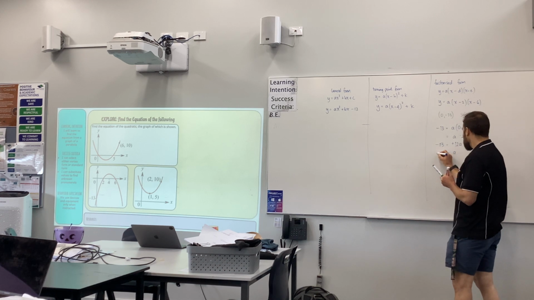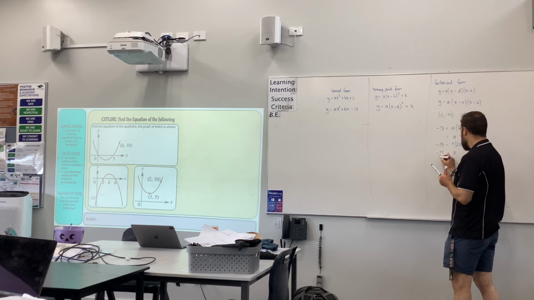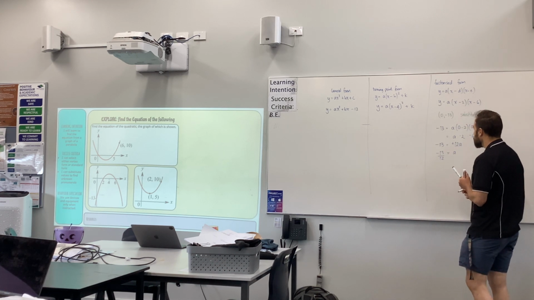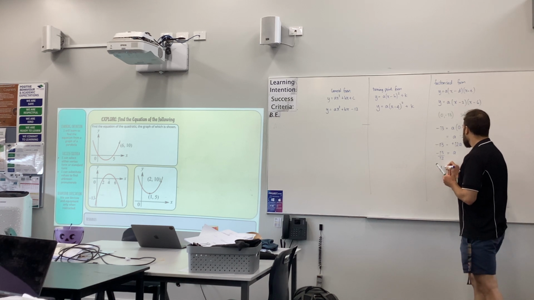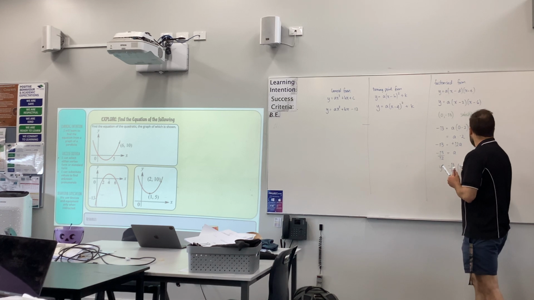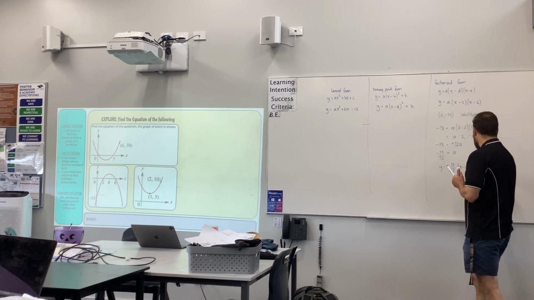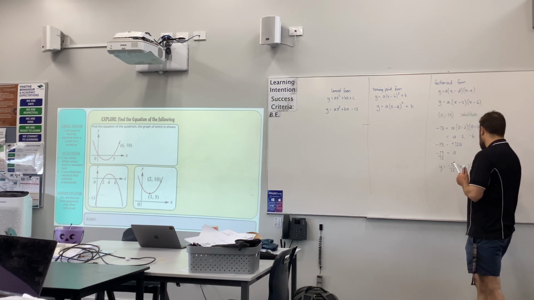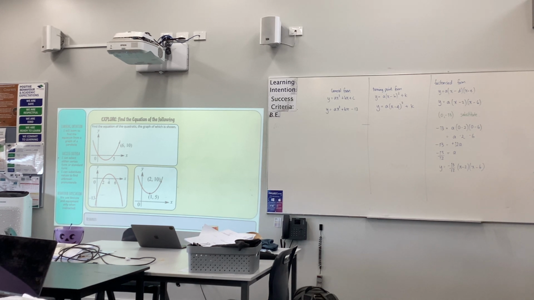So a is equal to negative 13 over 12. So here's my rule. Y equals negative 13 over 12, x minus 2, x minus 6. Cool.